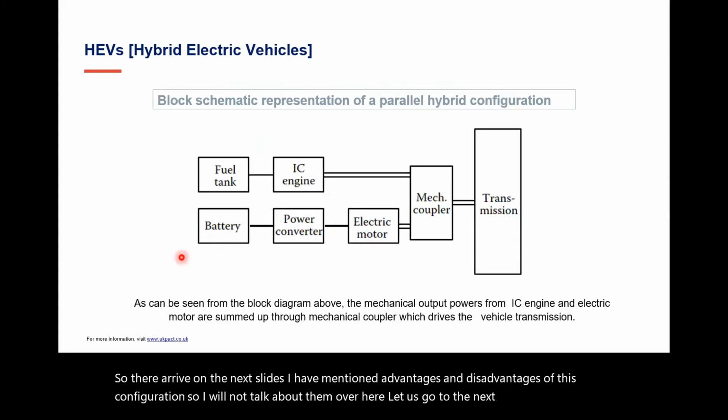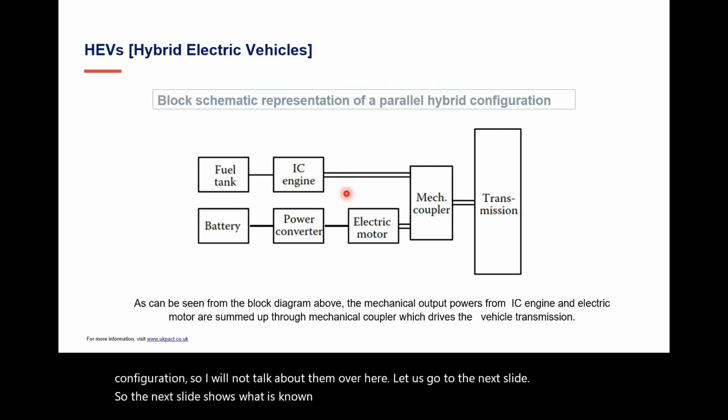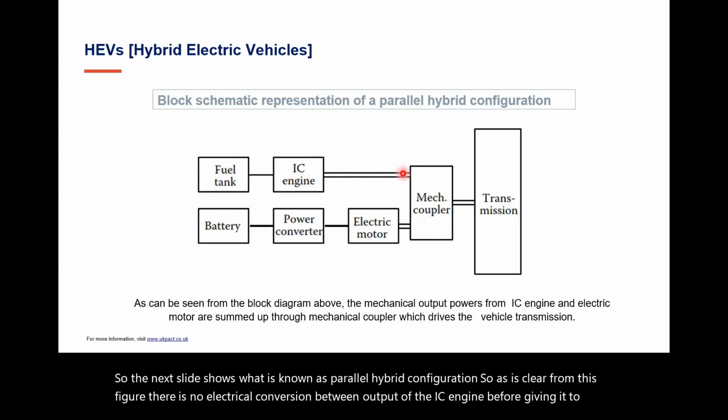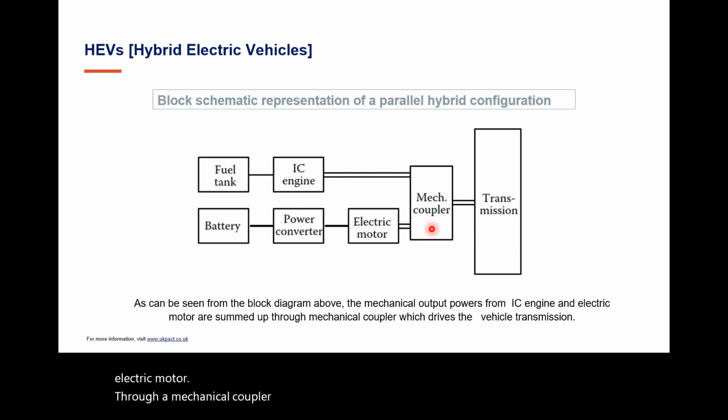The next slide shows what is known as the parallel hybrid configuration. As is clear from this figure, there is no electrical conversion of the output of the IC engine before giving it to the motor. Mechanical energy from the IC engine and mechanical output from the electric motor, through a mechanical coupler, directly drives the transmission.